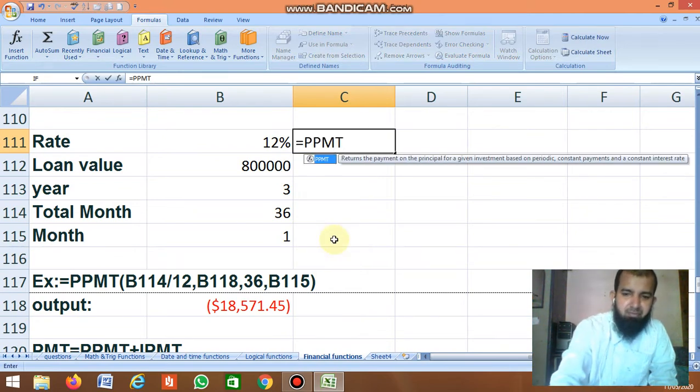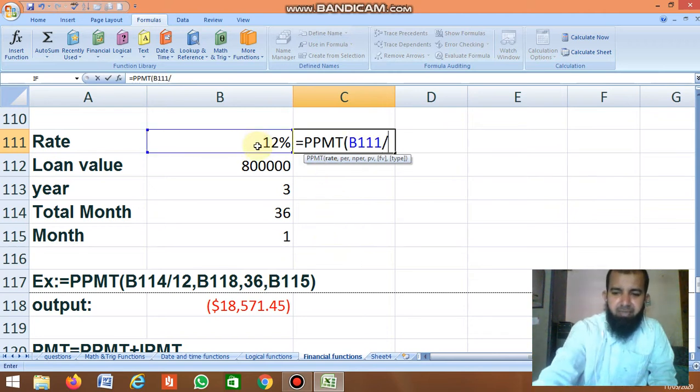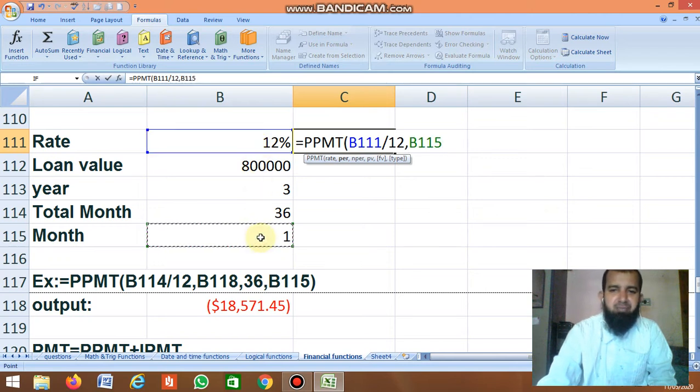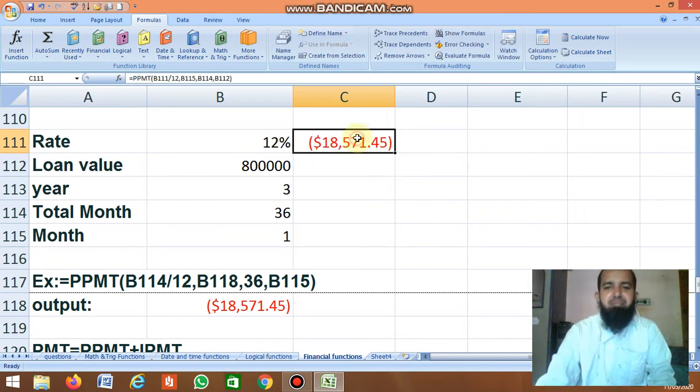PPMT, first is the rate 12% divided by 12 per month. Then PER, you want to know the first month. Next NPER, total number of months. Then present value, the loan amount. Clear, no? Then bracket close, enter. So this is your principal amount.